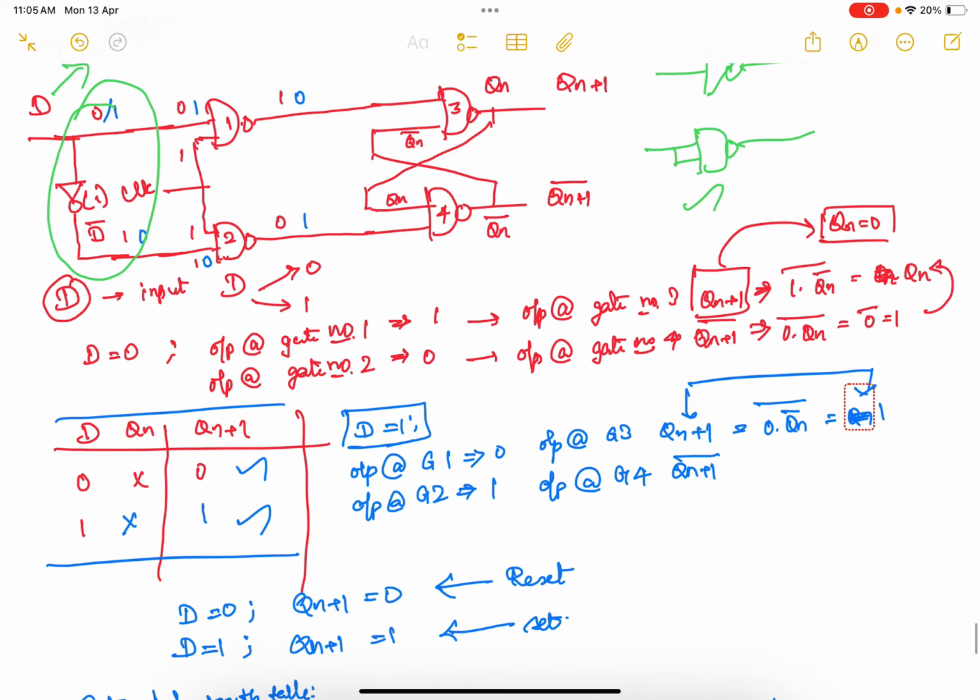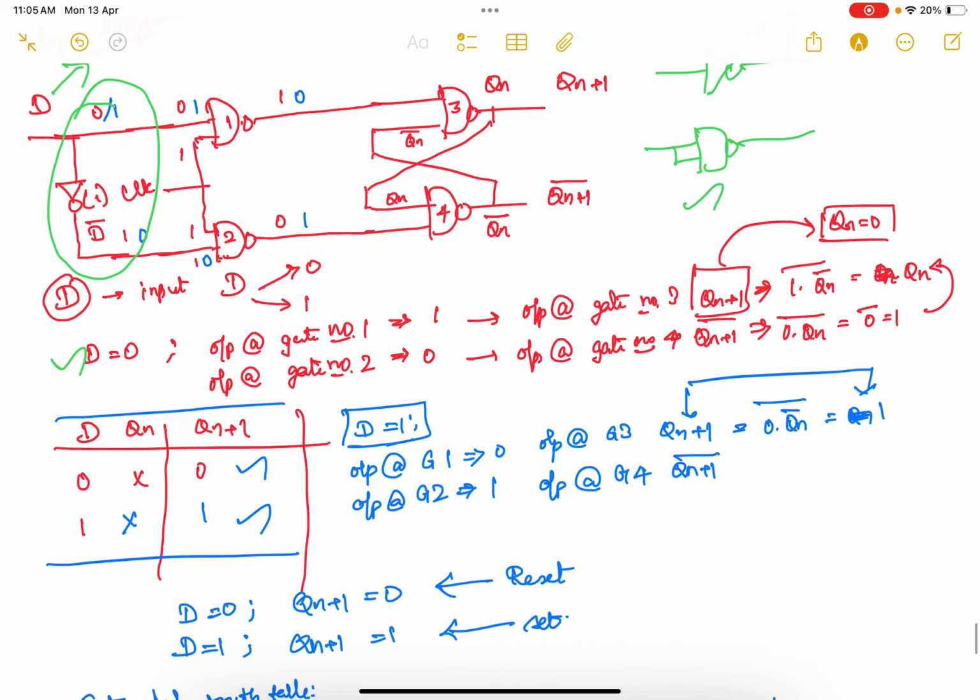If you see the operation, I have explained very clearly that when D equals 0, the output at gate number 1 becomes 1. At the same time, the output at gate number 2 becomes 0. The same 1 and 0 are fed as inputs to gates number 3 and 4. Another input for gate number 3 is Qn bar. So when you apply that, 1 into Qn bar, the whole bar, which is nothing but Qn, since I am not having any value at the top side, I am focusing at the bottom side, the output at gate number 4.